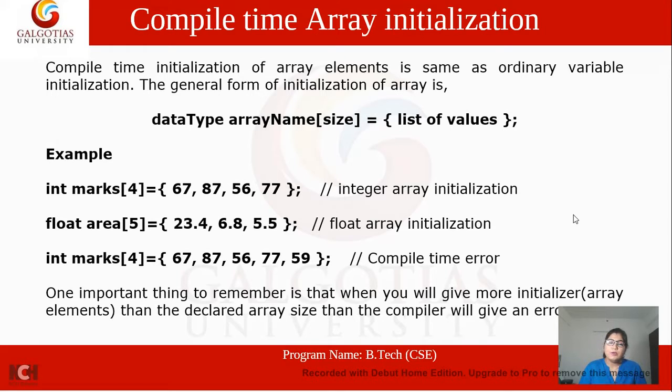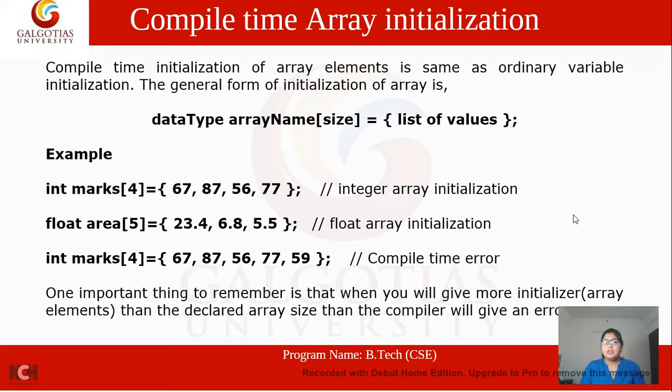As you can see in the example below, we have written int marks, where int is the short form for integer and marks is the name of my array. In the square braces I have written 4, which means this array has size 4, that is, it has the capacity to hold 4 elements.